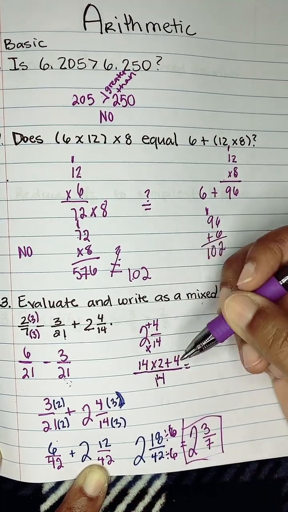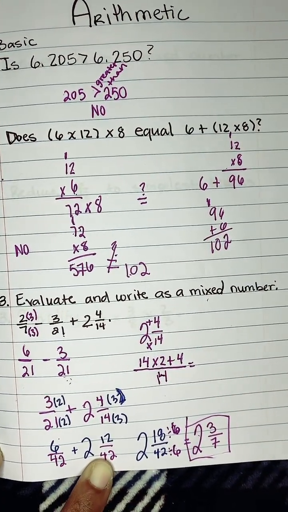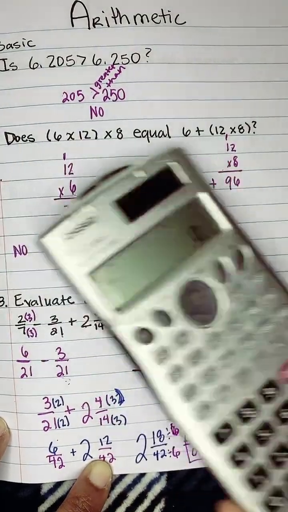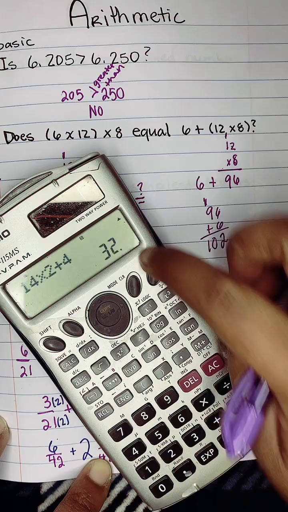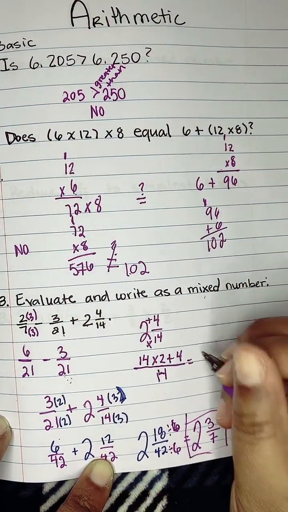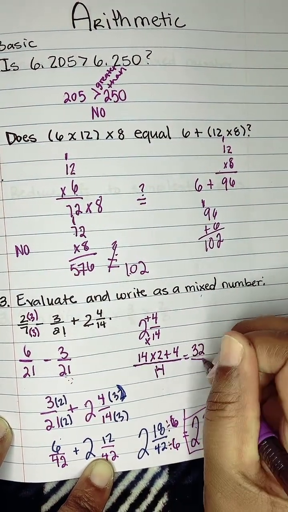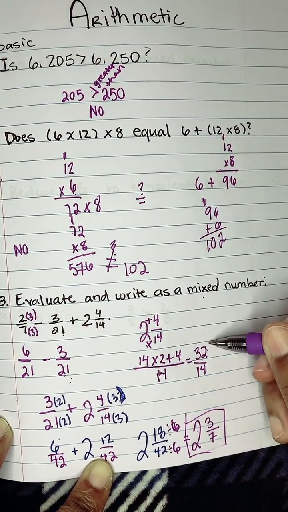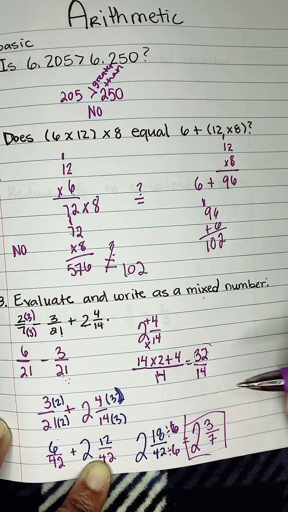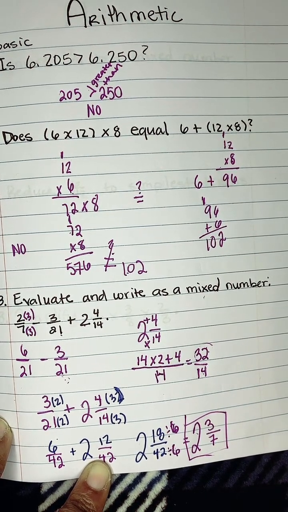So 14 times 2 plus 4, I'm going to take out the calculator, gives us 32. And we would have got 32 over 14. So this is called an improper because the top number's bigger than the denominator. Great question.